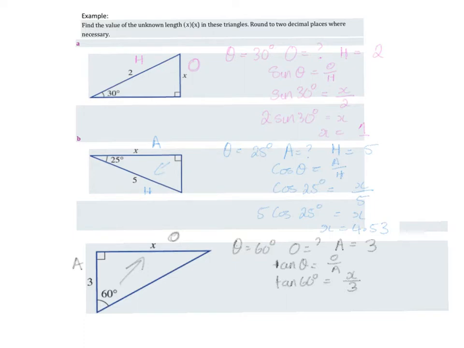And now let's move the 3 across by timesing. So you get 3 times tan of 60 degrees is equal to x. And when we put that into our calculator, we get x is equal to, now remember, 2 decimal places. So 5.196 becomes 5.20 to 2 decimal places.